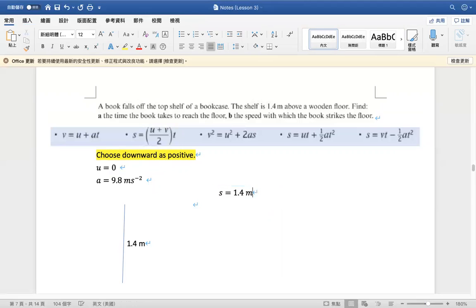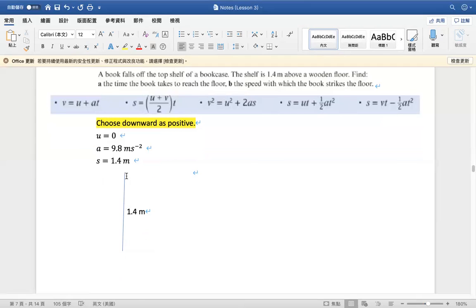Because it's going downward, the displacement is pointing downward. If we set upward as positive, that would be troublesome, because the book is going downward, so the displacement should be negative. Is that okay? Okay. So you need to be careful.